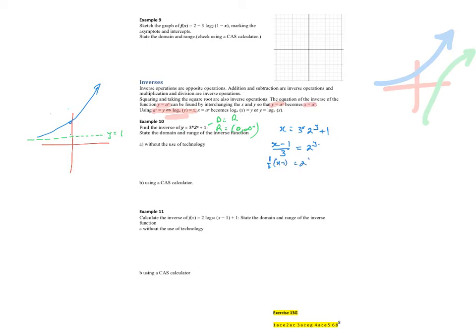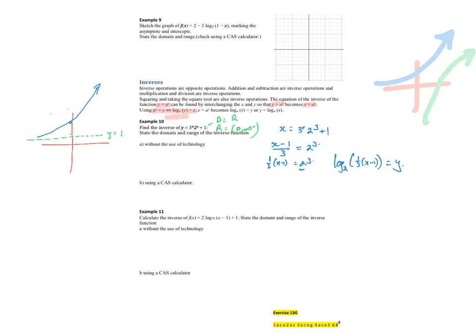Now if I take log base 2, log base 2 of 1/3 of x minus 1 is equal to y. And that's okay, we can leave it in that form.